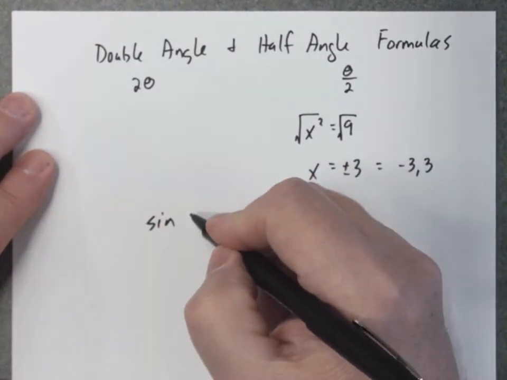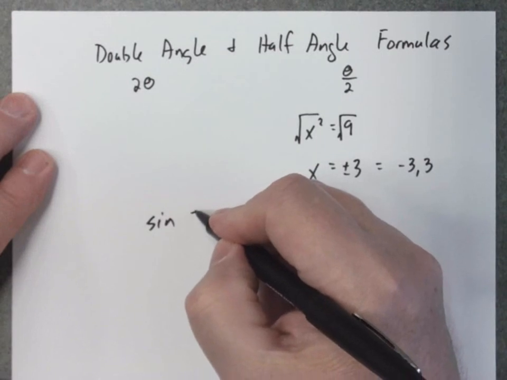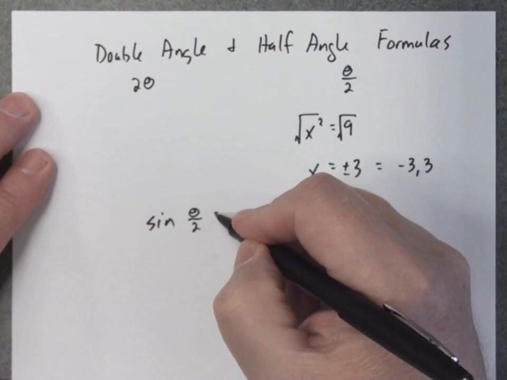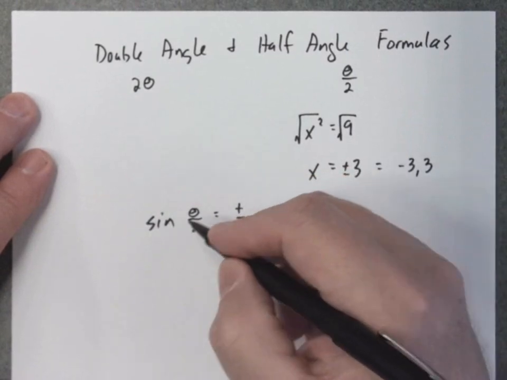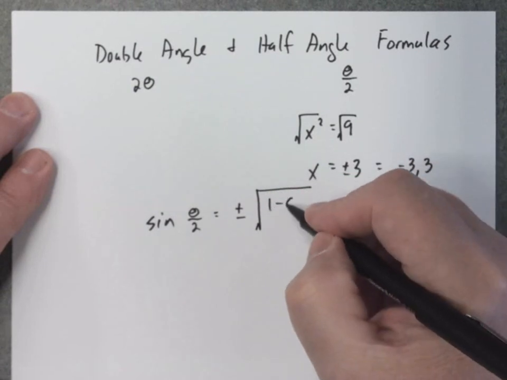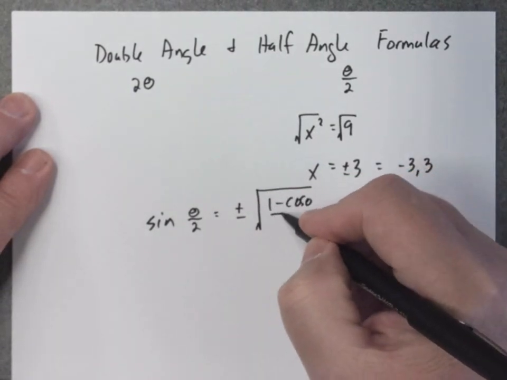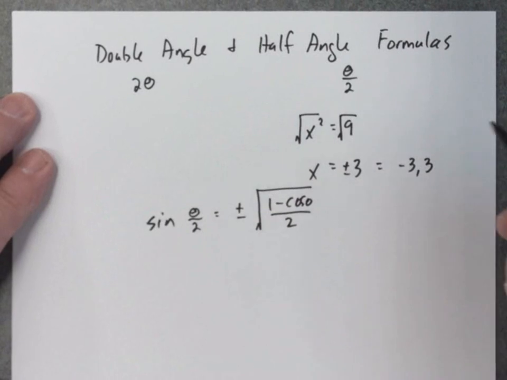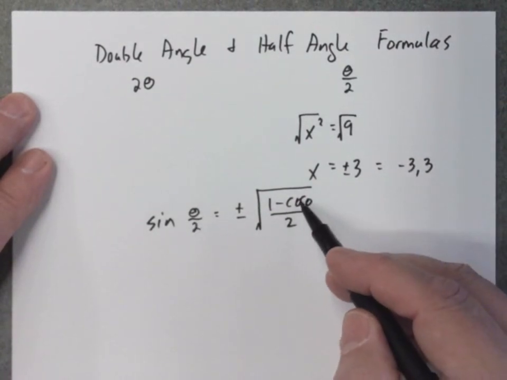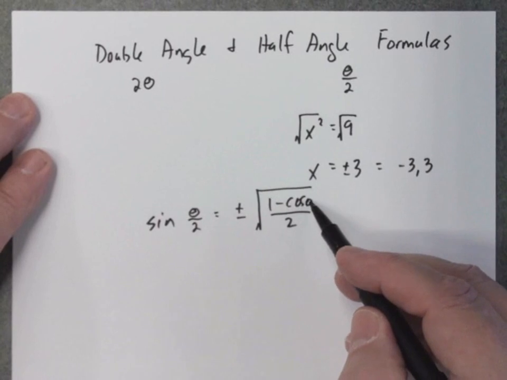When I write these formulas, instead of u or v, I'm going to use theta because I just like to use theta for angles. So here's the half angle formula for the sine. And once again, the key to these formulas is that even though I'm trying to find the half angle, in the formula itself, I just have the cosine of theta.